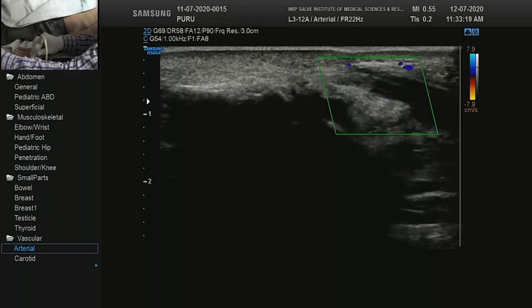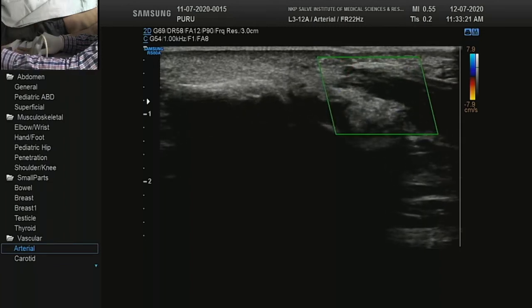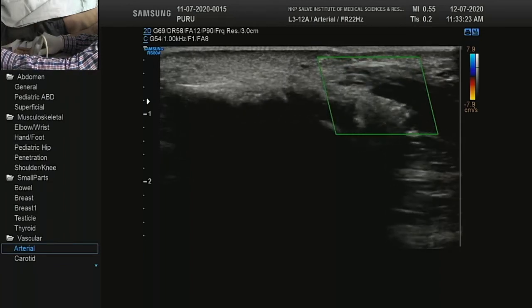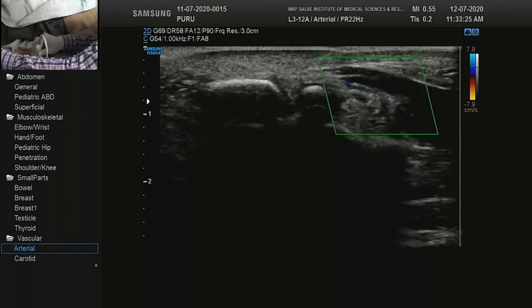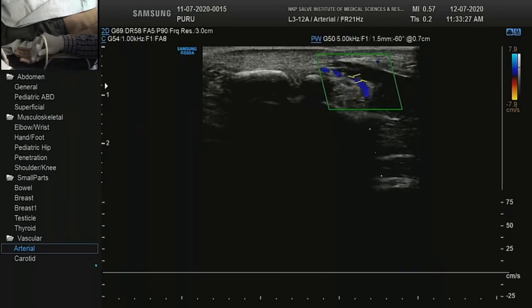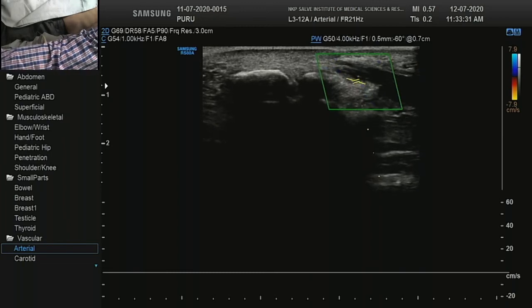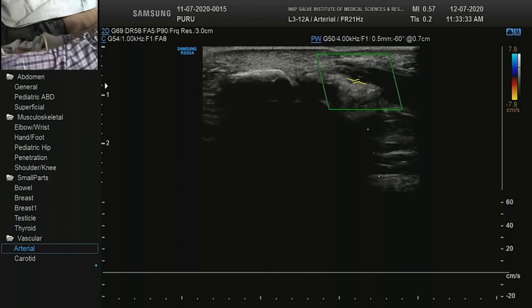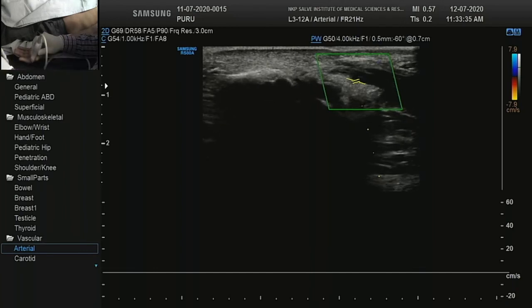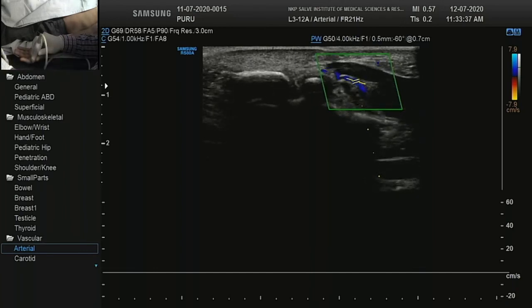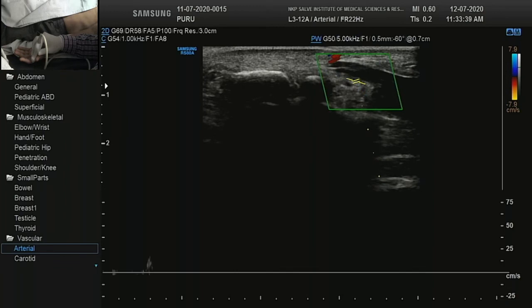The scale was higher as we were seeing the higher flow in the cephalic vein when we had sampled it last. So to keep in mind what you were doing, now we put the spectrum across. I will again reduce the sample volume to minimum. Minimum is 0.5 millimeter for this machine, and we'll just sample it here.